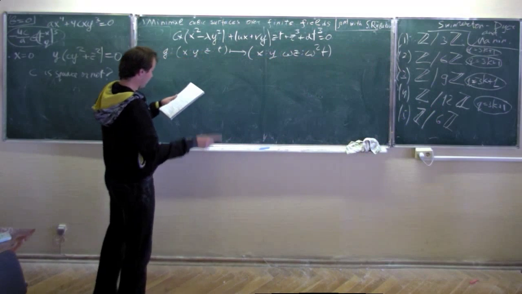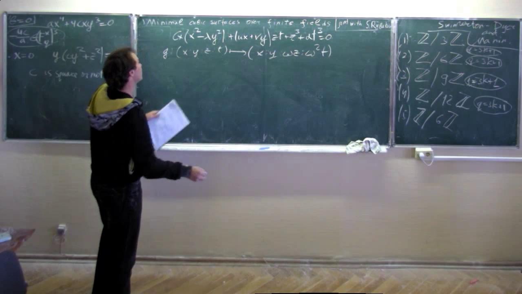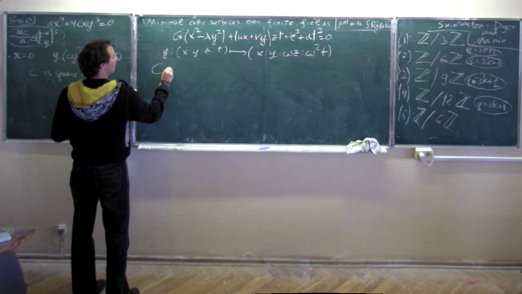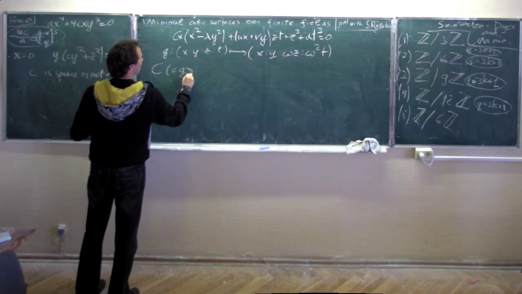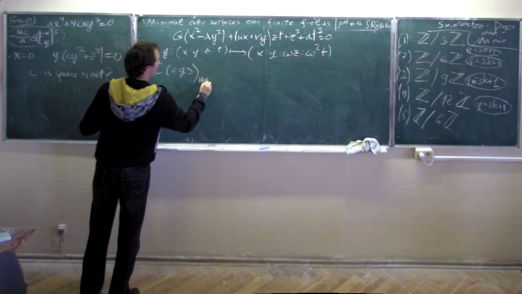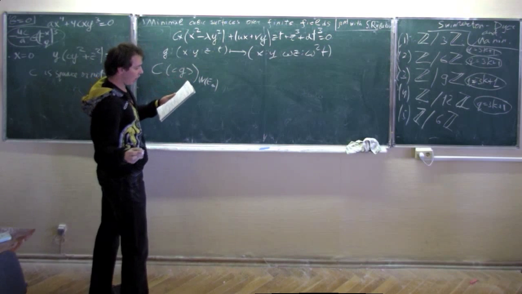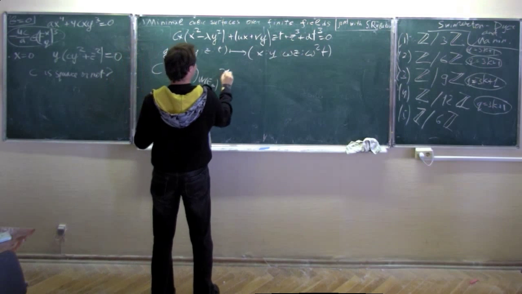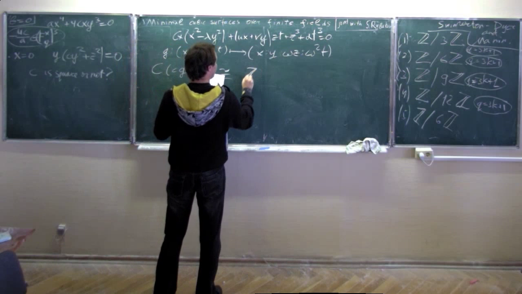Overall, the centralizer of element G in the group W of E6 will be a group isomorphic to the following.